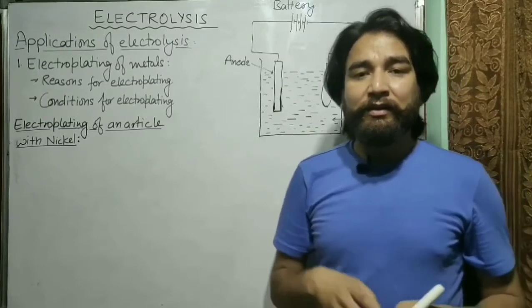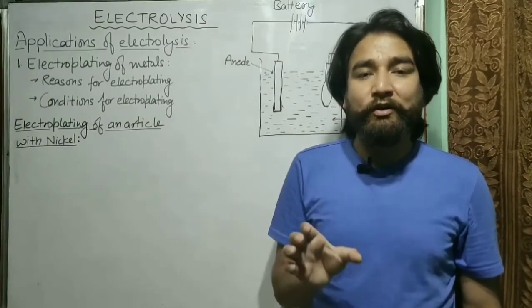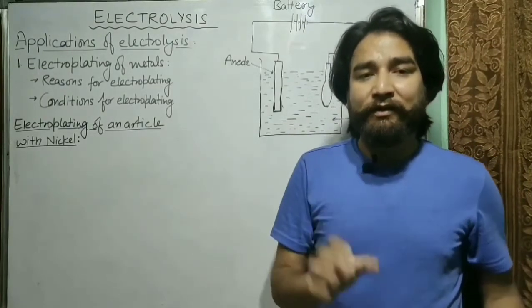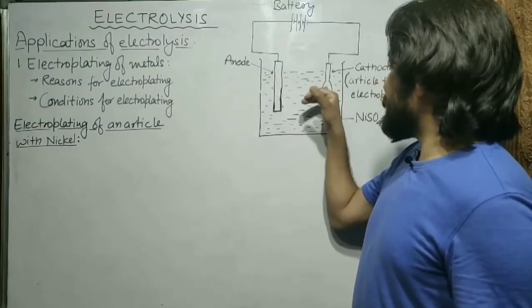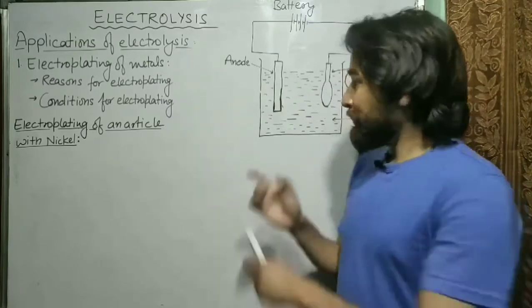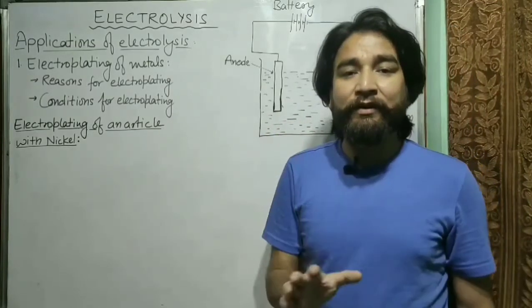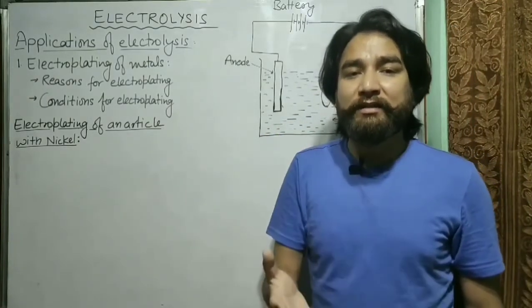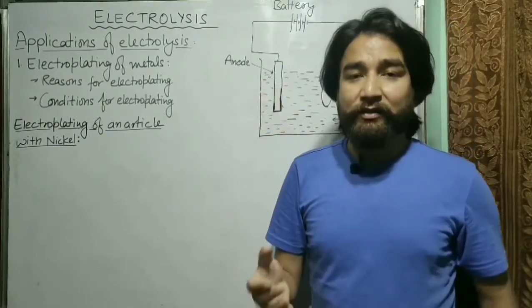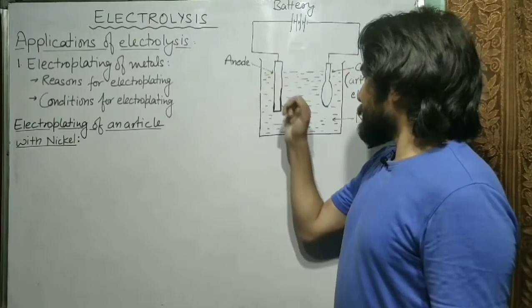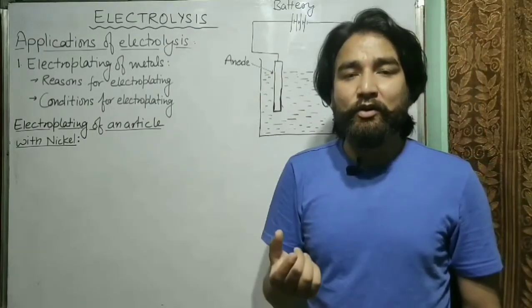It means the electrolyte should be a salt of that metal. For example, if electroplating of nickel is to be done on the article, then the solution must be of a salt of nickel, like nickel sulfate. If the electroplating of silver is to be done, then the solution must contain a salt of silver.